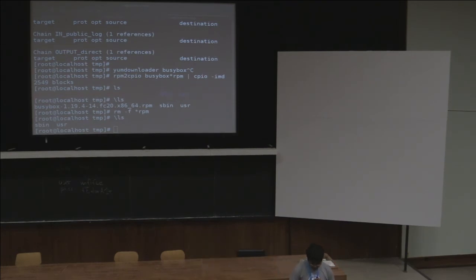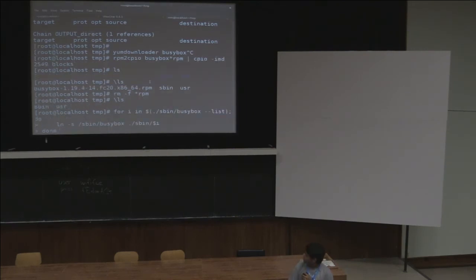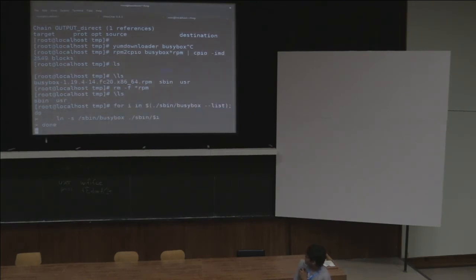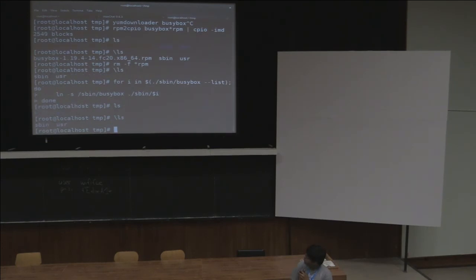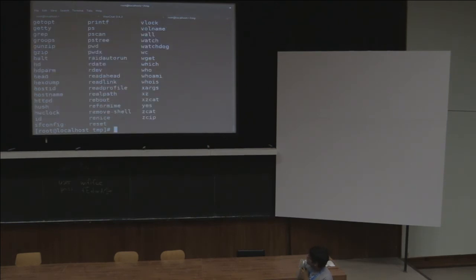Okay, so now what we are going to do is create all the symlinks. It's a tiny shell thing which I have written. So it created all the basic things which I need, like wget, wc, head, tail, all those things.